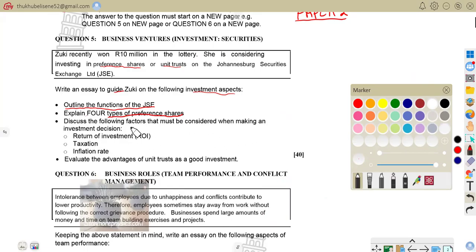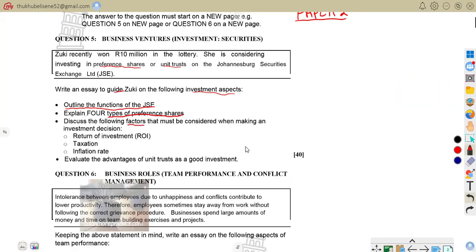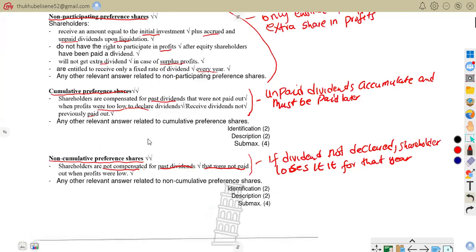So we are given what? Return on investment, that is ROI, taxation, inflation rate. Those are the factors that we are to consider when we are making an investment decision. So let us go to the answers now.